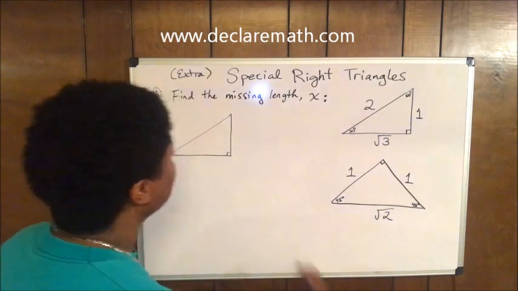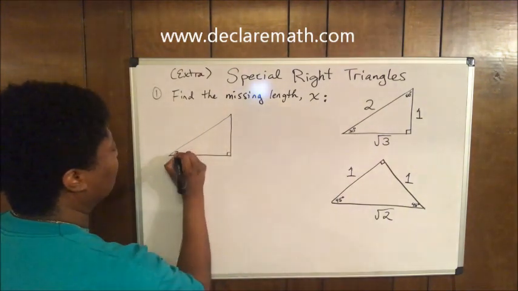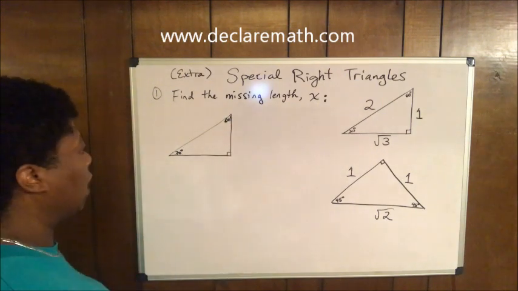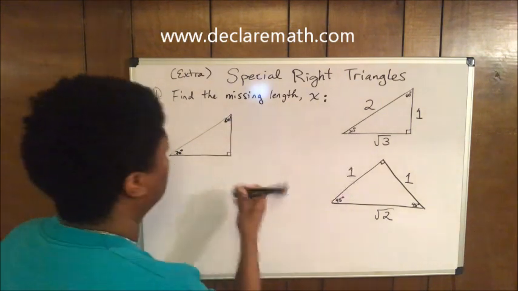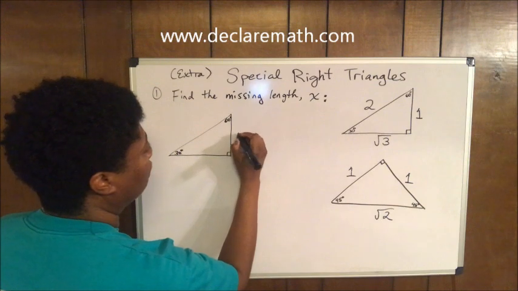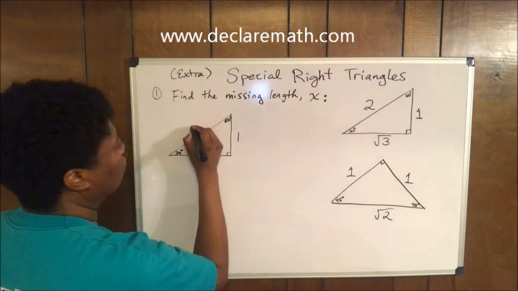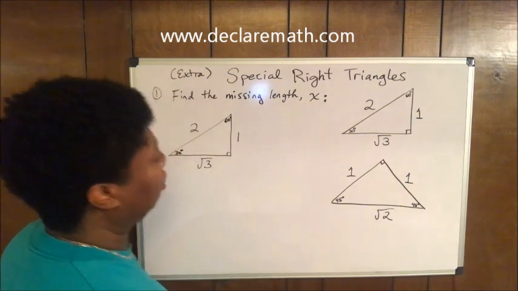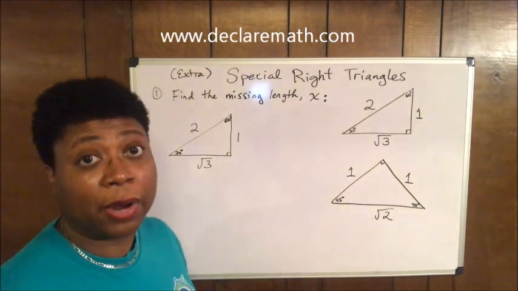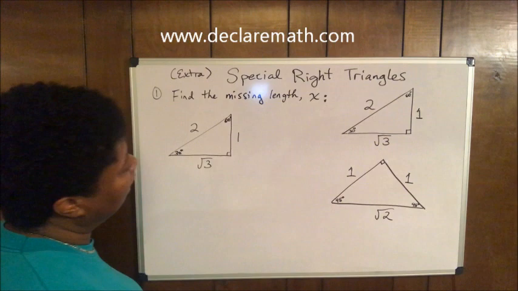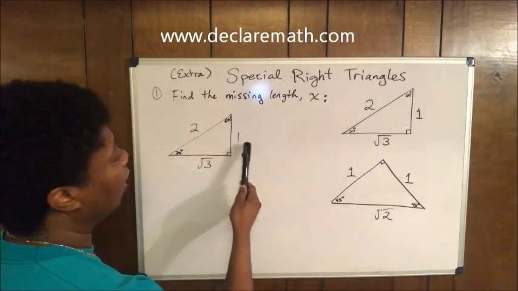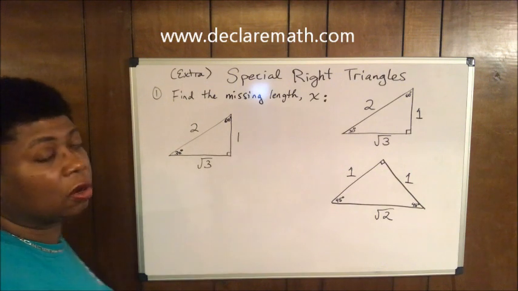So we had 30 degrees here, 60 degrees here, and notice here we have 1, 2, square root of 3. Earlier in the problem that I erased, we had x here, we had y here, and we had 2 right here.